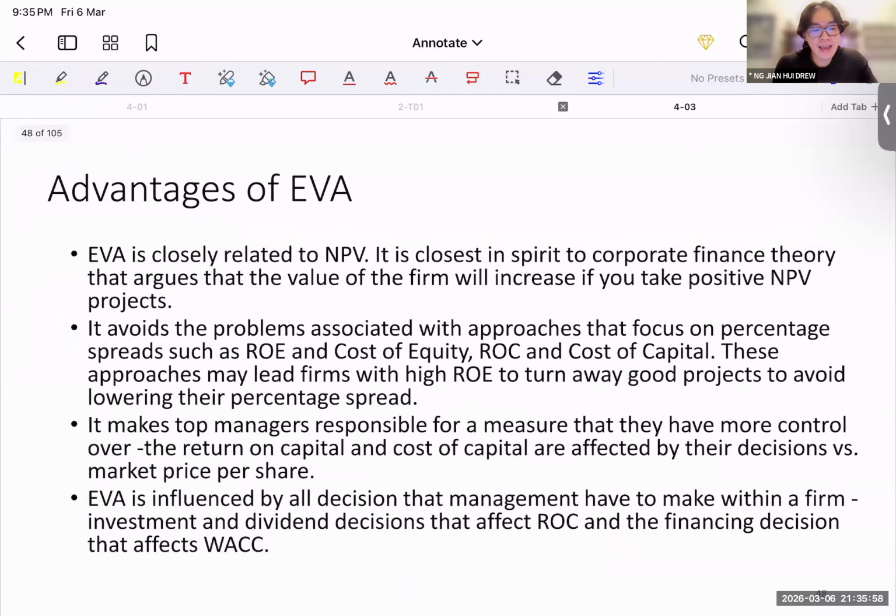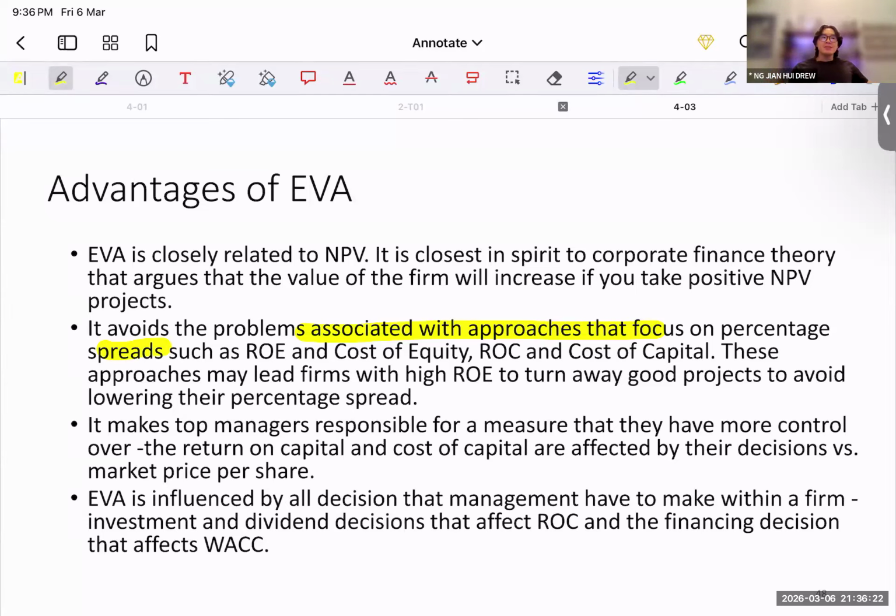EVA is closely related to our NPV, meaning that it's quite close to our discounted cash flows, right? The good thing about EVA is it avoids the issue of focusing on spreads. So what's this idea of spread?